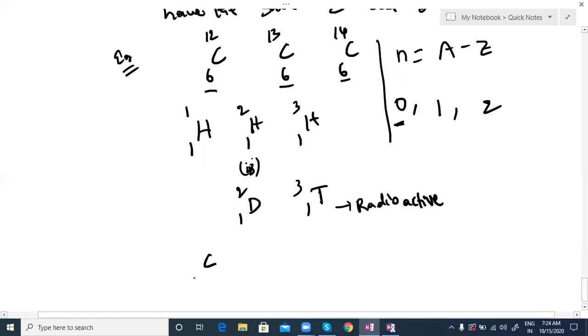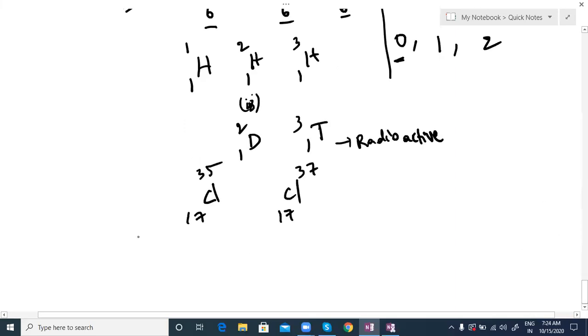You may find Cl 17-35, Cl 17-37 like this. All these are different isotopes: same atomic number, different mass number. You can write it: isotopes have different physical properties.